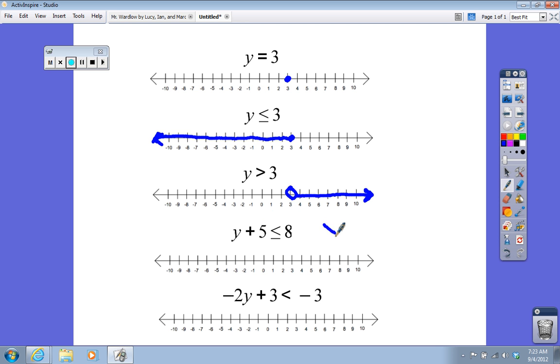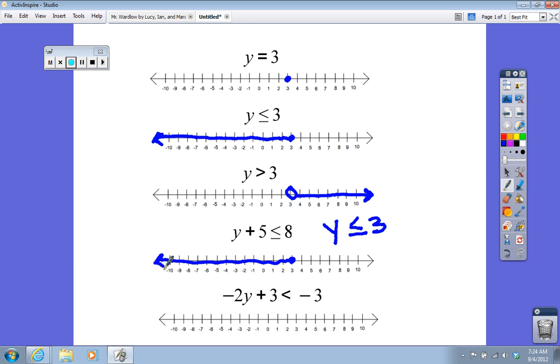So we have y is less than or equal to, and then we subtract 5 from 8, and we get 3. So you see how these inequalities are identical now, and so now I can put a solid dot at 3, and it's going to be 3 or any number less than 3.